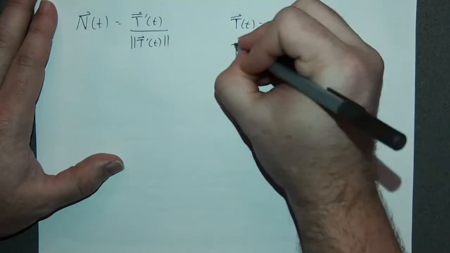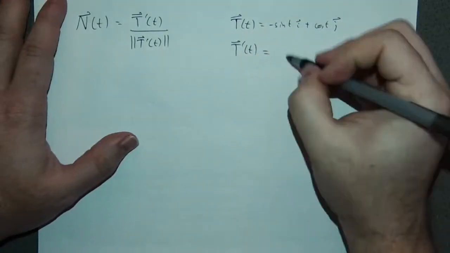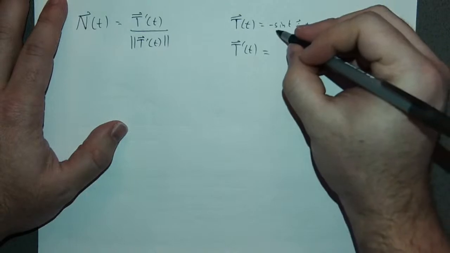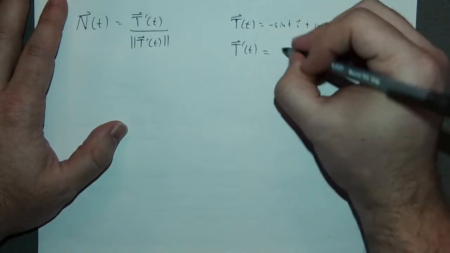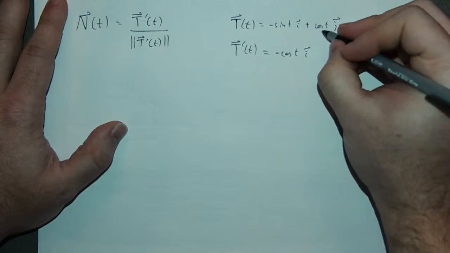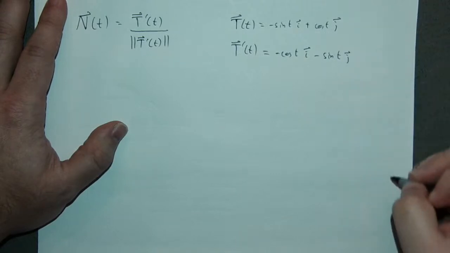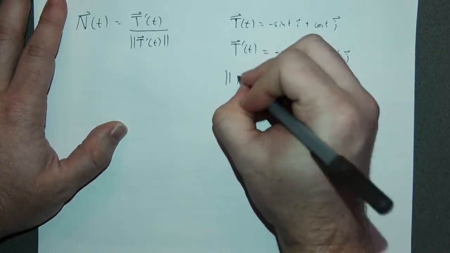Then T prime of t is going to be, the derivative of minus sine t is minus cosine t i. Derivative of cosine t is minus sine t, so this is minus sine t j. Computing the length of this is going to be pretty quick.